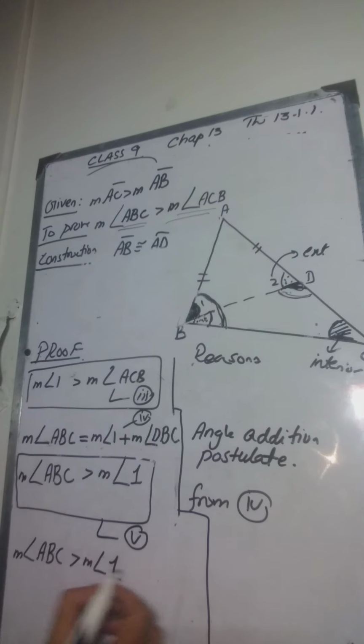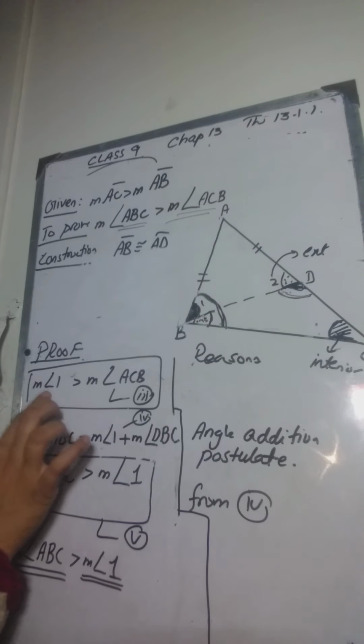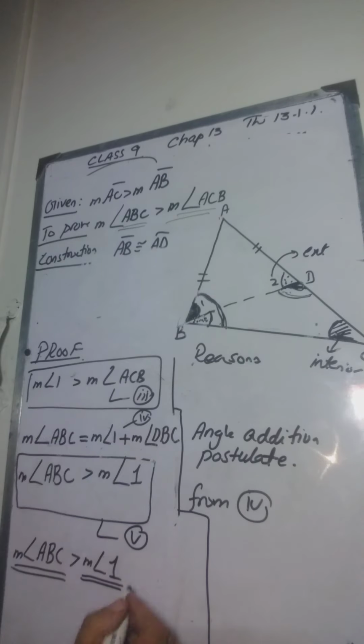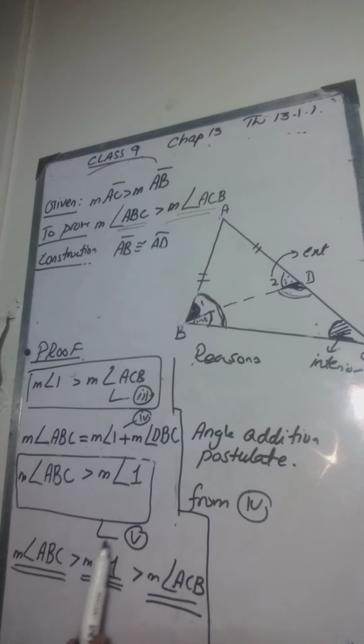We are talking about three angles: this is the first angle, this is the second angle. Angle ABC is greater than angle 1 and angle 1 is greater than ACB.